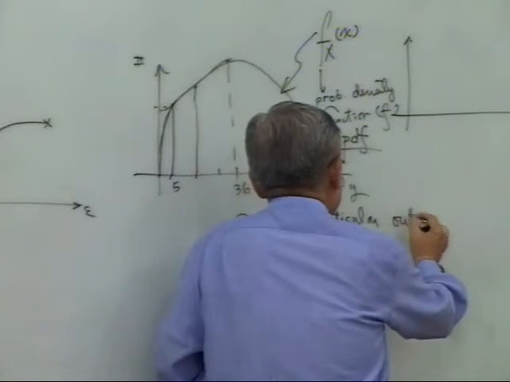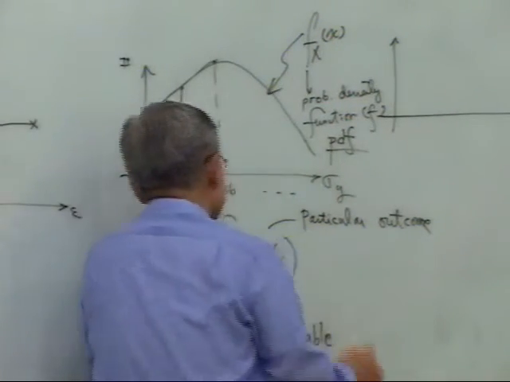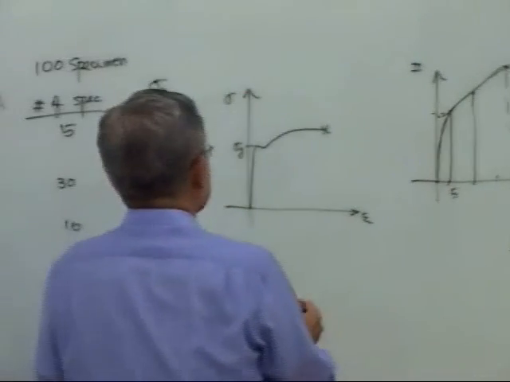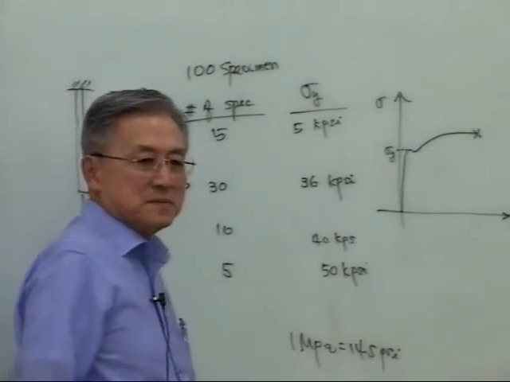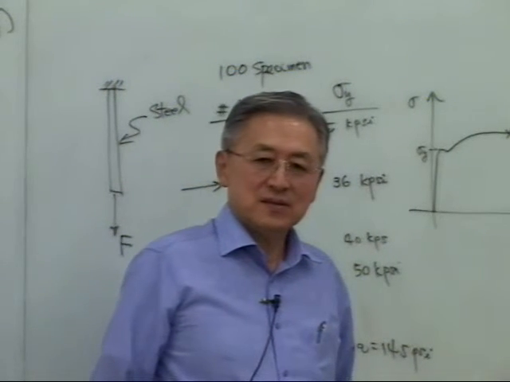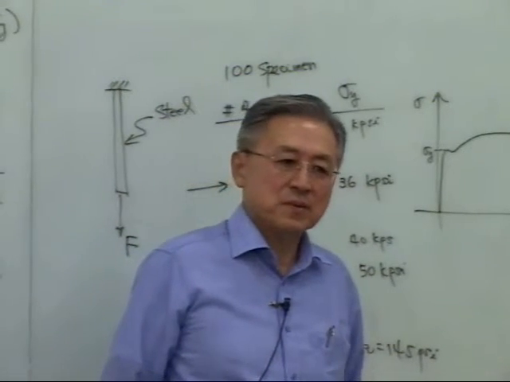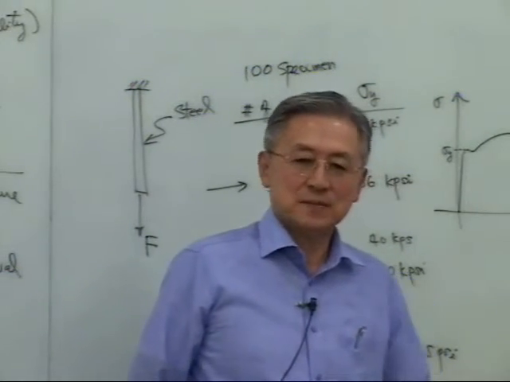So x could be a particular value of the random variable, given, assigned.